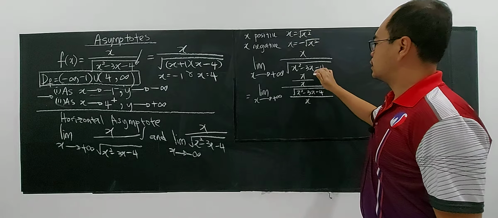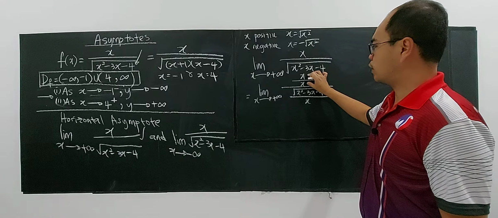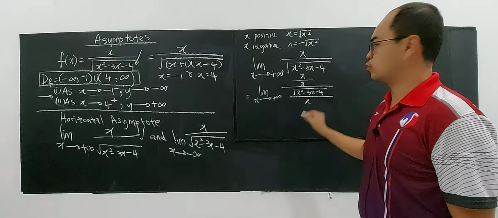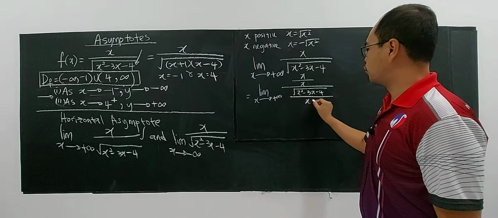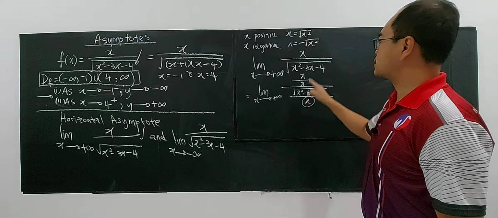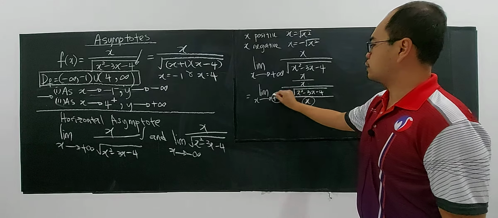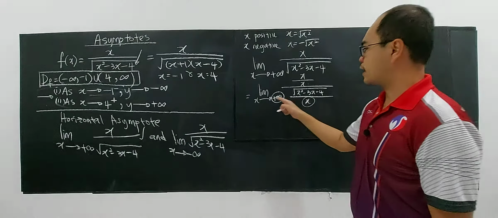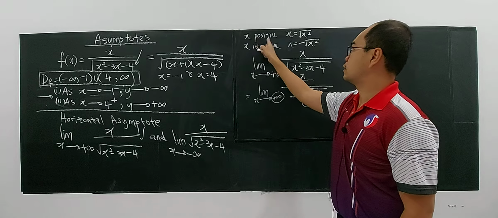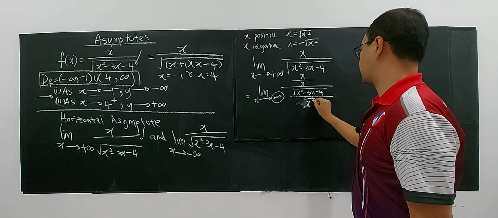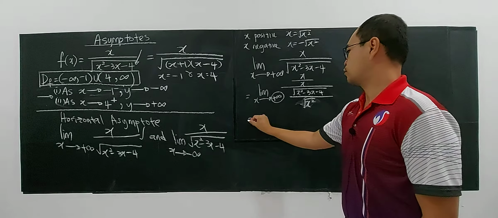Because x over x gives 1, but the square root you cannot simply divide, so you have to modify this x. It can be rewritten as positive, because x approaching positive infinity is in the positive region, so I choose the square root of x squared. Now evaluate.